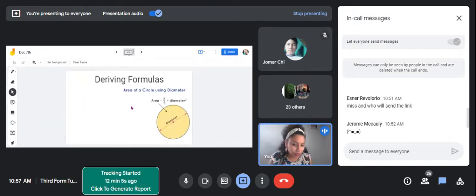And the same thing with this one, where you have area is equal to pi over 4 times diameter squared, where I want to leave the diameter by itself on one side so that the diameter is the subject of the formula. I can go ahead and change this so that diameter is equal to some formula that I want.